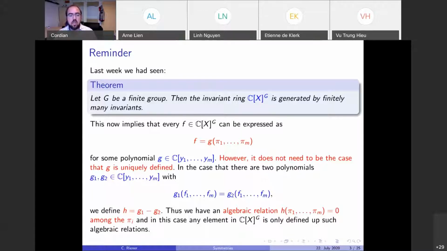Then we just look at the difference of the two. We define a polynomial h to be the difference between g_1 and g_2. This gives us an algebraic relation between pi_1 to pi_m. Of course, this should be pi_1 to pi_m in both places.